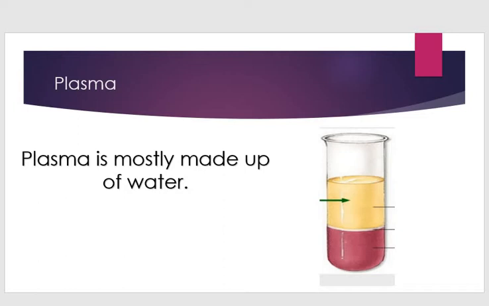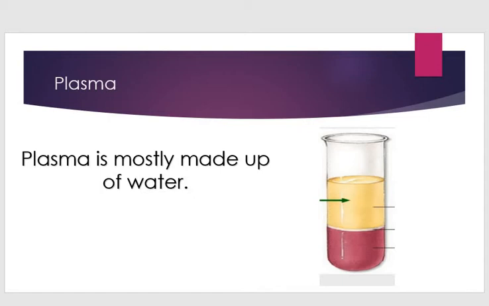Blood plasma transports digested food, carbon dioxide and other materials from one part of the body to another. Just like red blood cells transport oxygen, plasma transports digested food, carbon dioxide and other material from one part of the body to another.